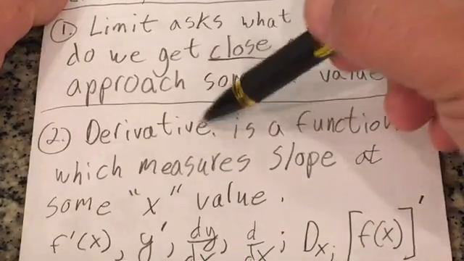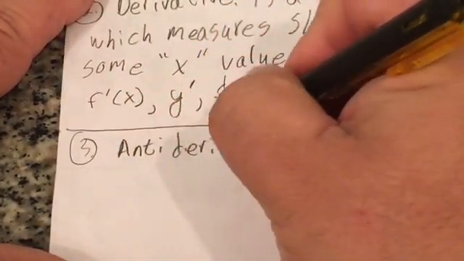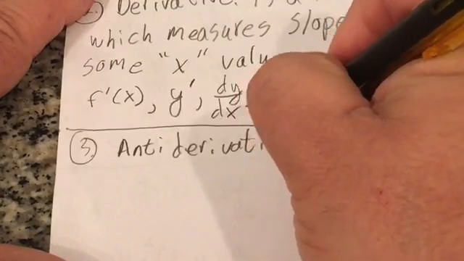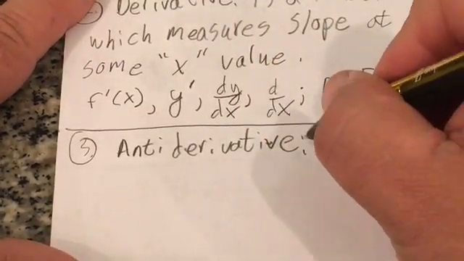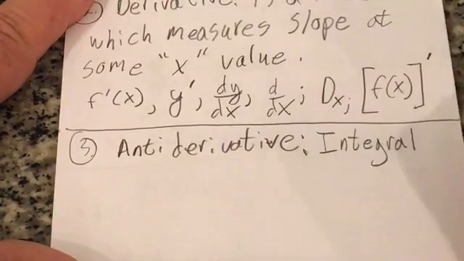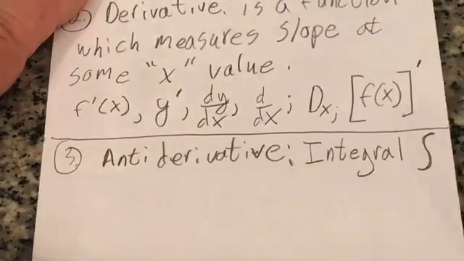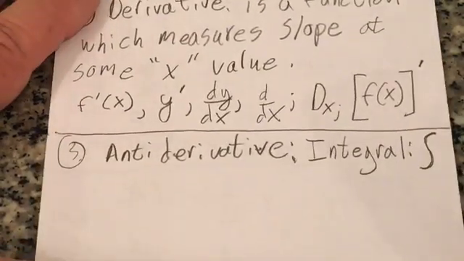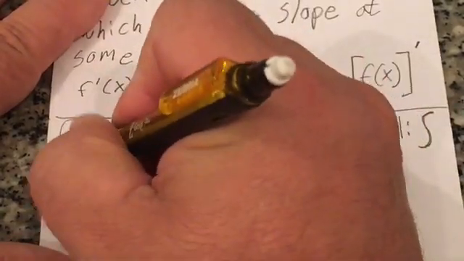So far we have a limit, a derivative, and then the third one is called the antiderivative. It's also sometimes called an integral. And it's that thing that looks like a big S. And this is a function which measures area.